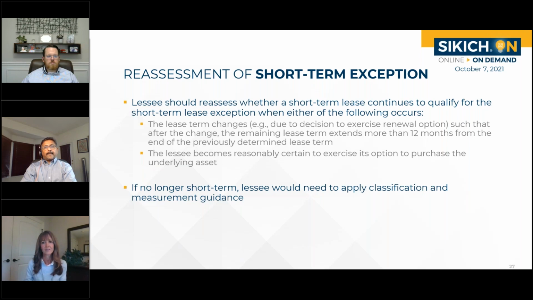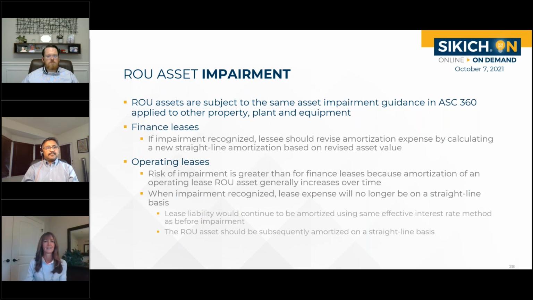This would arise if the lease term changes, for example, through the execution of a renewal option, which would lengthen the term, or if the lessee becomes reasonably certain to exercise its option to purchase the leased asset. In these cases, the lessee would apply the classification and measurement guidance and include these leases in its ASC 842 portfolio. We'll move on to the next slide on asset impairment.